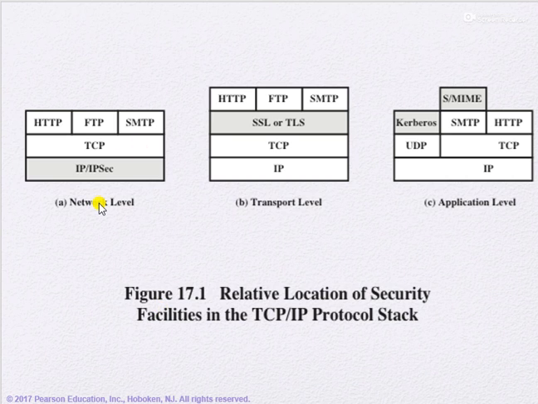If you implement security at the network level, you can provide web security by using IP security. On the transport level, you implement security on the transport layer using SSL or TLS. And you can also provide it on the application level by using protocols like S/MIME and Kerberos.